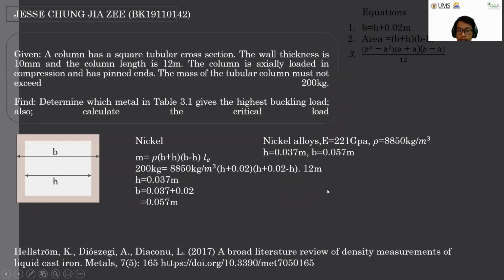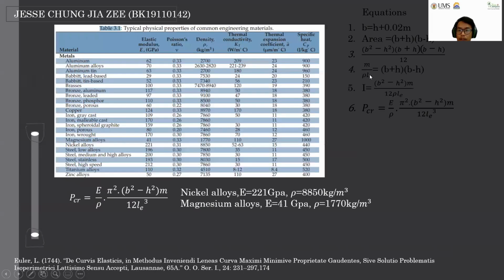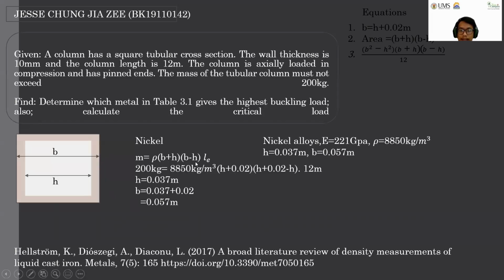With these properties of the metals, we can find the minimum outer length and inner length for the nickel alloy, using equation number 4, as such. And we can obtain that the inner length for the nickel alloy is 0.037 meter, while the outer length for the nickel alloy is 0.057 meter.